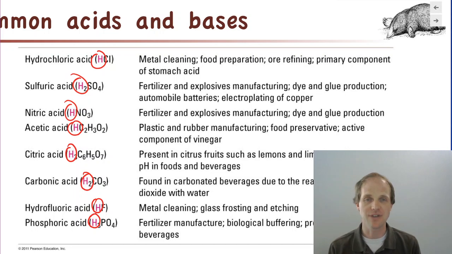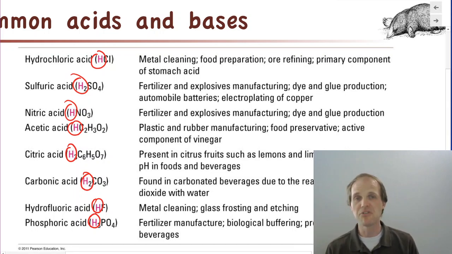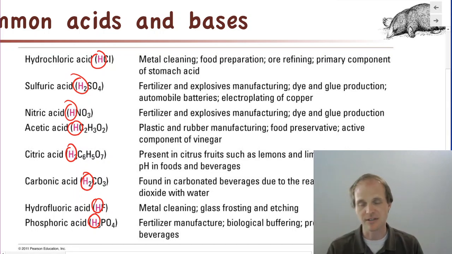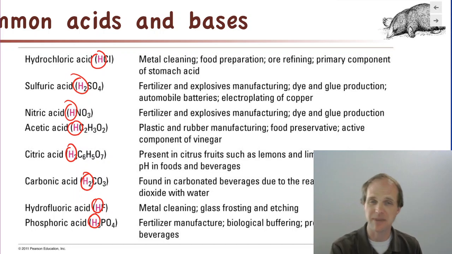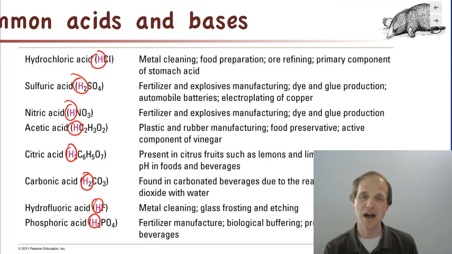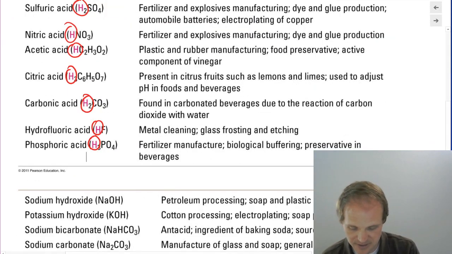They're not trying to tell you I have something else. There's exceptions. I'm not in control of the world. It would be great if there were no exceptions. But that's an indicator, so look for that. Whereas if you see an OH at the end of a molecule, often, but again with a lot more exceptions, we're talking about a base. So an OH at the end of a molecule often indicates a base, but it doesn't always. We'll see other indications of bases as well.